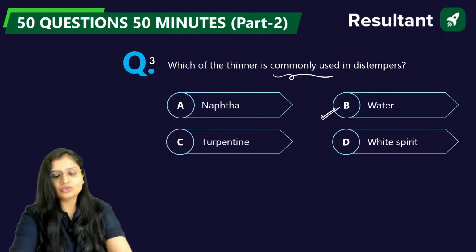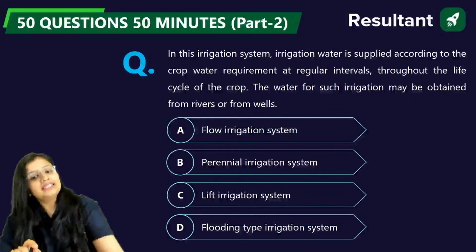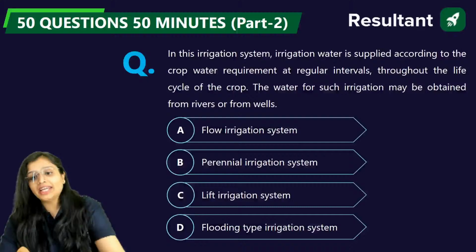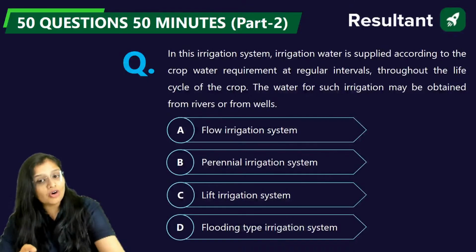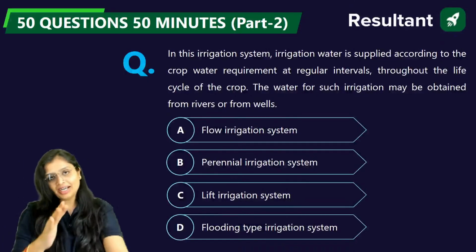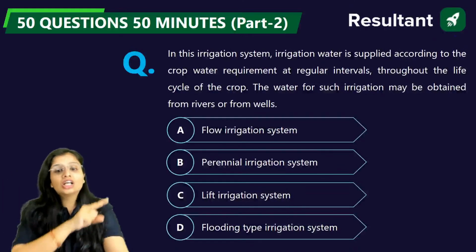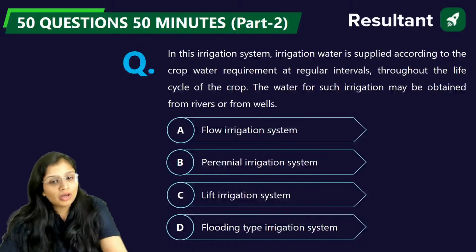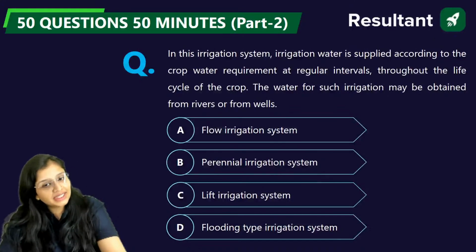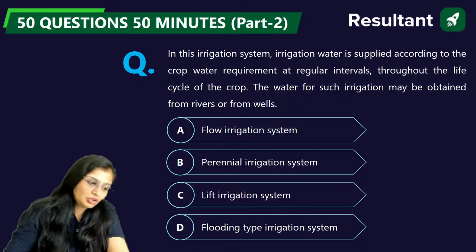Now, next question. In this irrigation system, irrigation water is supplied according to the crop water requirement. That means how much amount of water the crop requires at regular intervals throughout the life cycle of the crop. The water for such irrigation may be obtained from rivers or from wells.